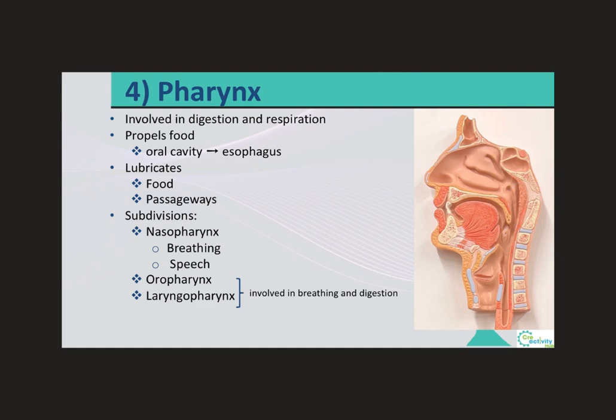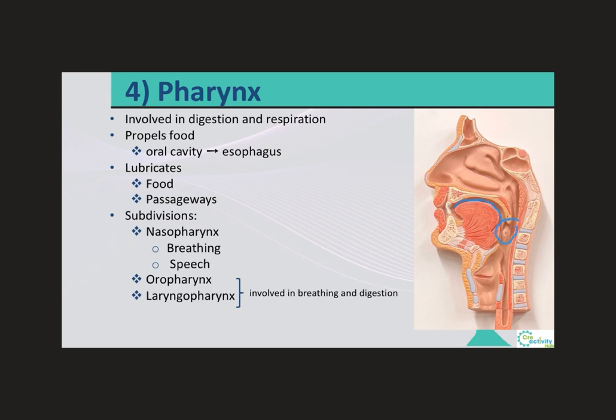The pharynx will help a little bit with the swallowing process in a way that the skeletal muscles of the pharynx, when they contract, will raise and also expand the pharynx to receive the bolus of food.